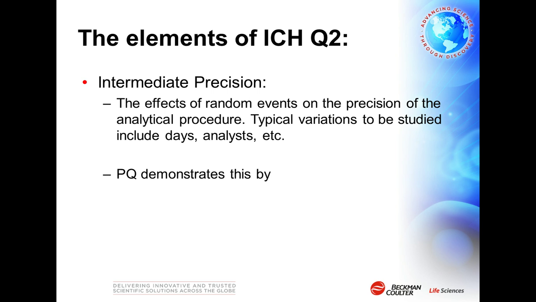Now, intermediate precision is an interesting one. What they're talking about here is the effect of random events on the precision of the analytical procedure. And what they're referencing really here is having different analysts use the machine, and the way they use the machine might give slightly different results.